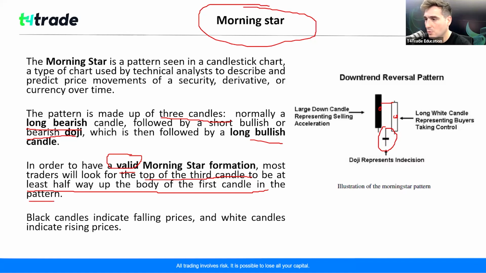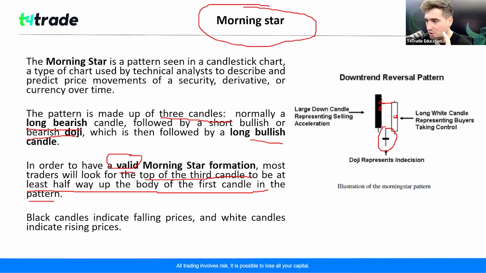This is what we care about. Seeing the long red or bearish candle form, perfect. Seeing the doji being formed at the bottom, awesome. That's a signal that we might see a reversal.